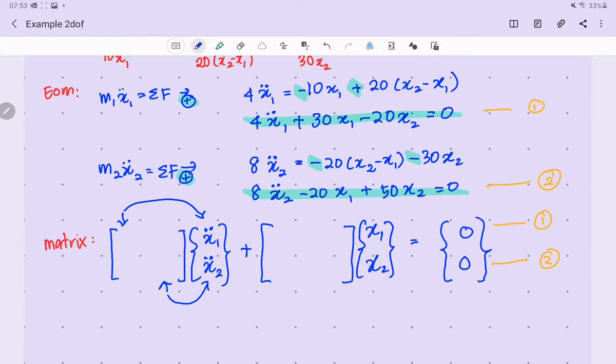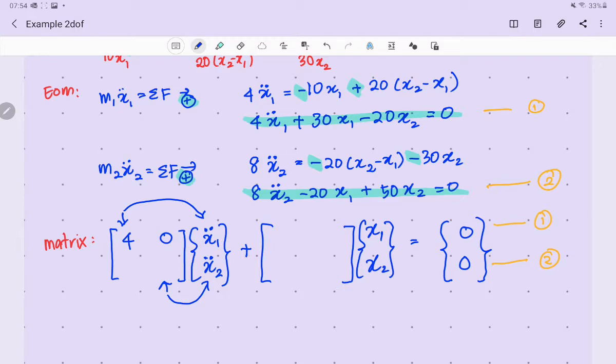So the way we do it then, you have 4. So basically the coefficient of x double dot 1 is 4. Based on equation 1, you do not have any x double dot 2, so that will become 0. So the way you do it is 4 times x double dot 1 plus 0 times x double dot 2, so you get 4x double dot 1.